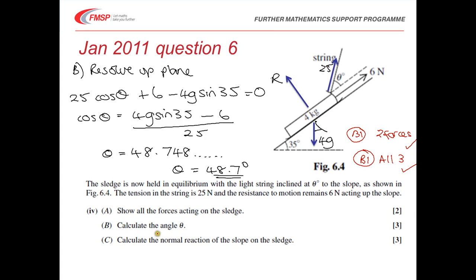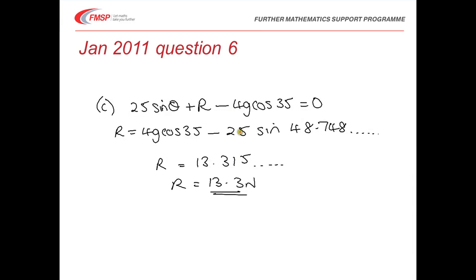For part B, finding the angle theta, we got 1 mark for resolving parallel to the plane, an accuracy mark for correctly resolving all these different components of the forces, and then an accuracy mark for the final answer of 48.7. And finally part C, 1 method mark again for resolving along the plane.